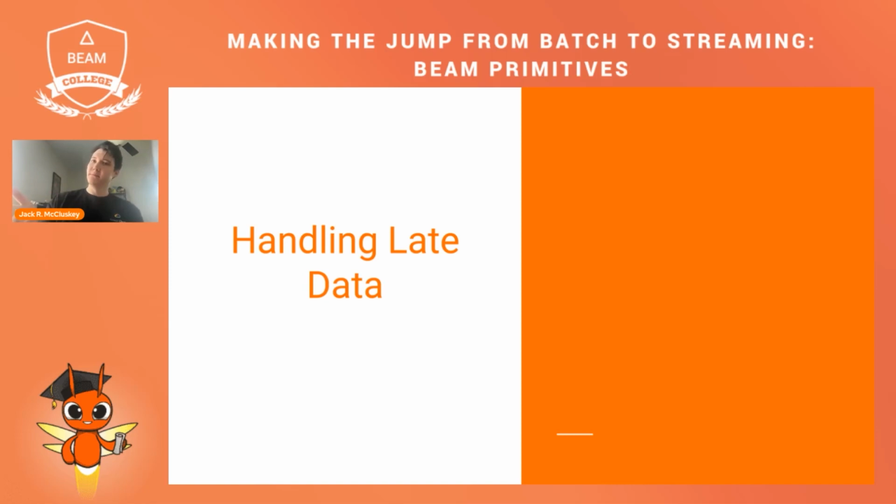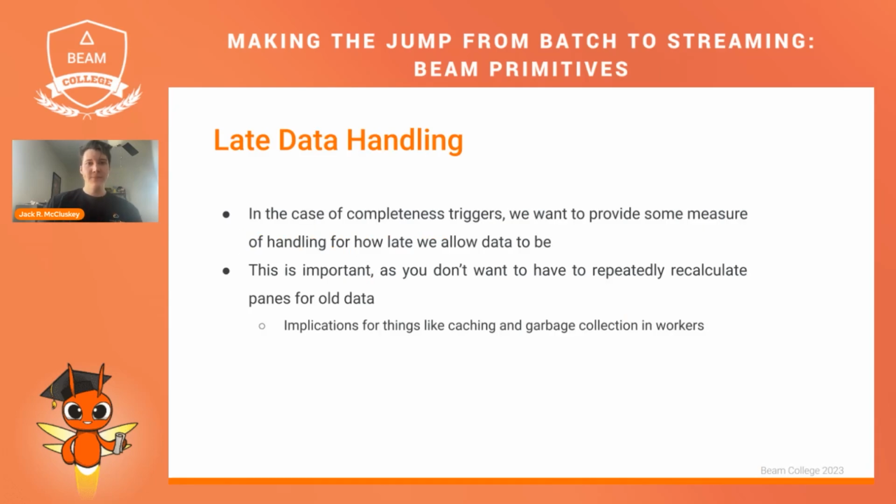Okay, so we've got the triggers, but how do we handle late data after we've emitted panes? In the case of completeness triggers, we of course want some level of handling, because in theory we've emitted the pane thinking it is complete. Now it's not. What do we do? This is important because we don't want to repeatedly recalculate panes for old data.